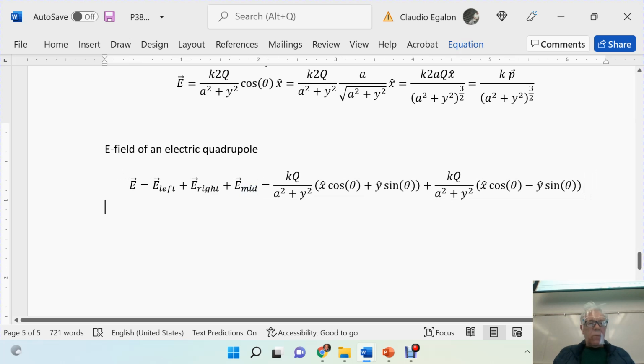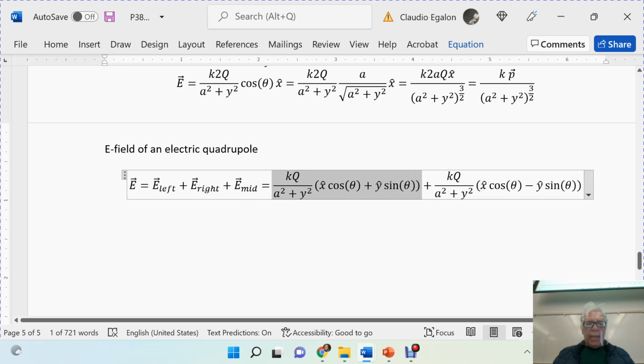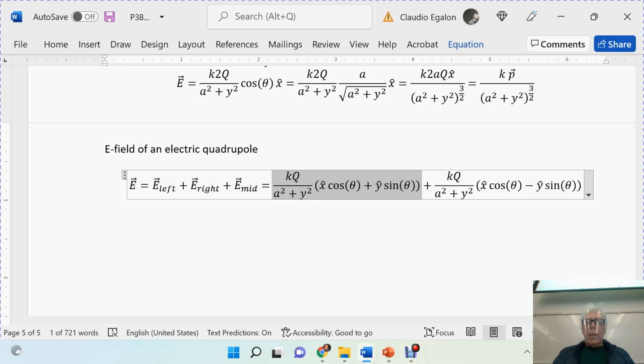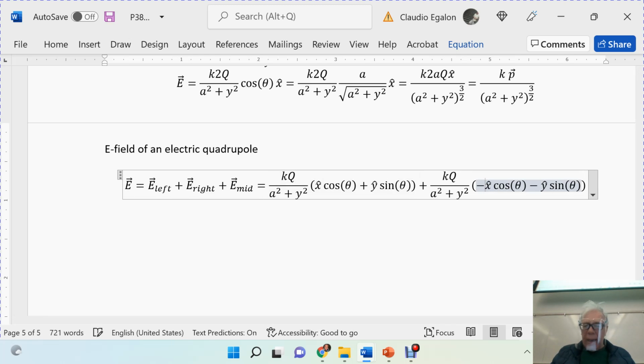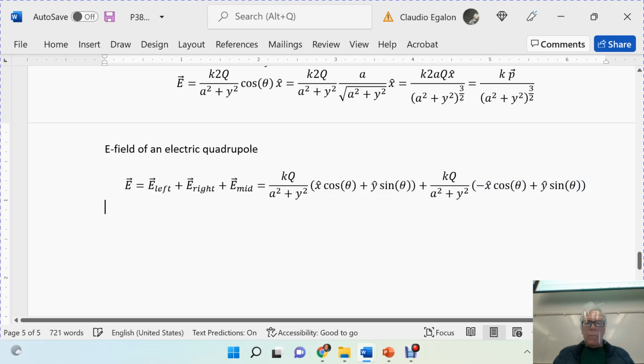Otherwise the notation becomes too awkward. The left charge is going to have an electric field like that. The right charge is going to have an electric field like that.